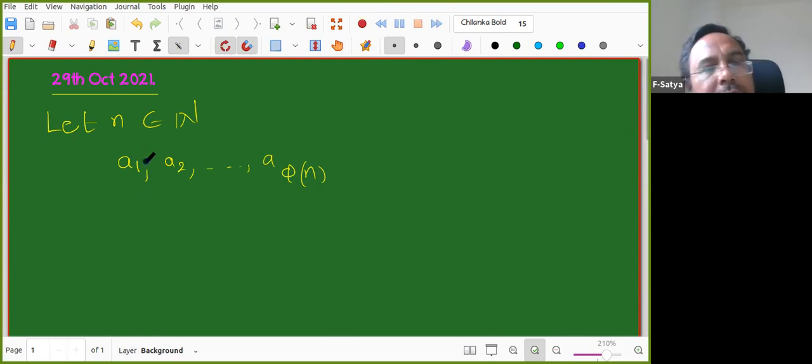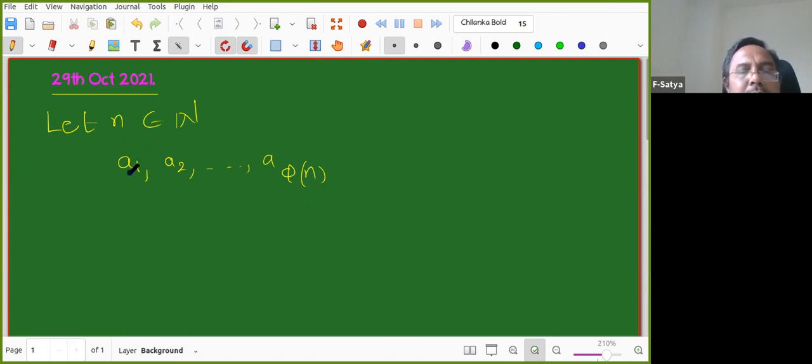You know that the number of integers between 1 and n relatively prime to n is phi of n, the Euler phi function. It counts the positive integers less than or equal to n and relatively prime to n. But since I do not know n, I am calling them a1, a2, up to a_phi(n).